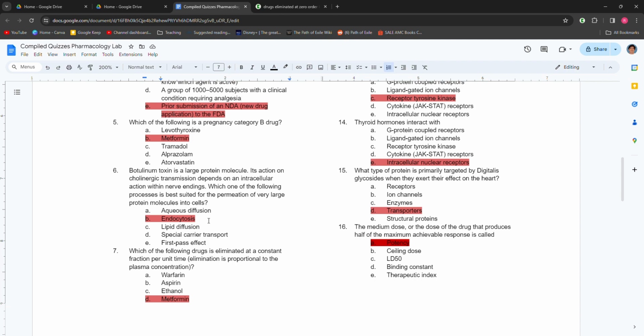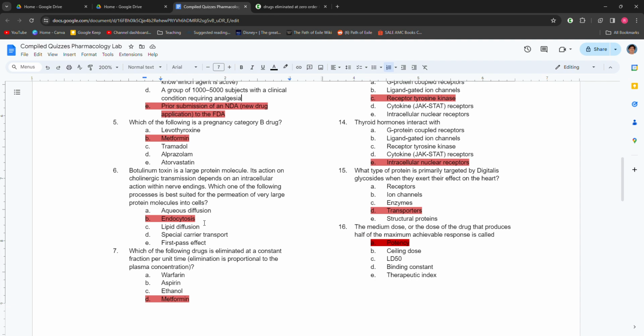Number 6, so botulinum is a large protein. Which one of the following processes is best suited for the absorption or permeation of very large proteins into cells, and that is by endocytosis? So number 7, which of the following drugs is eliminated at a constant fraction per unit time?